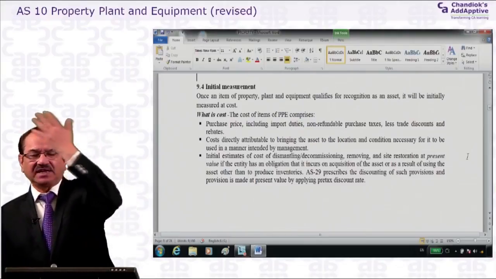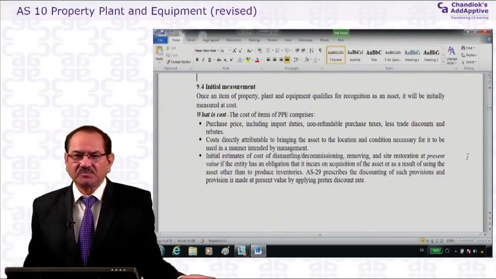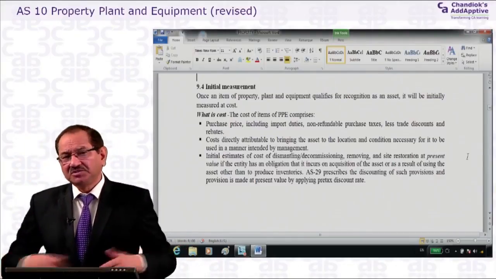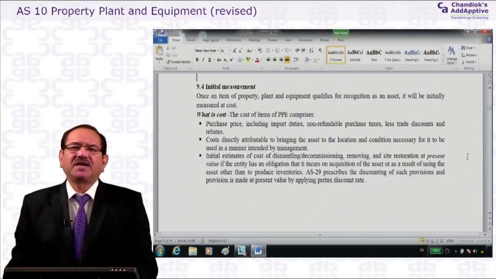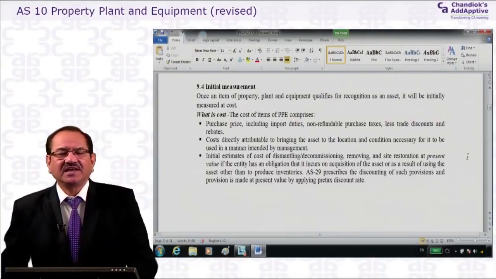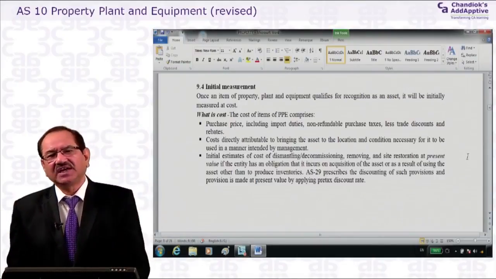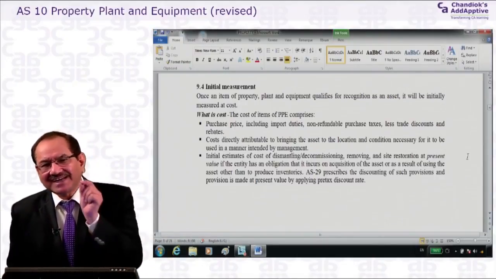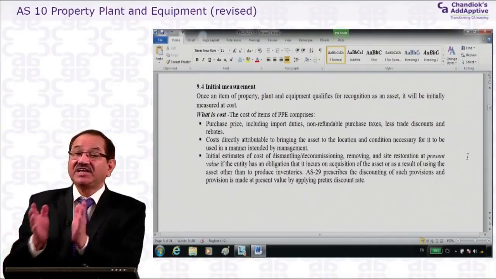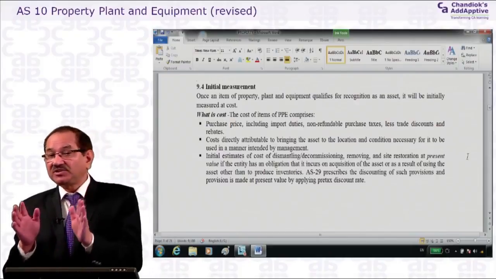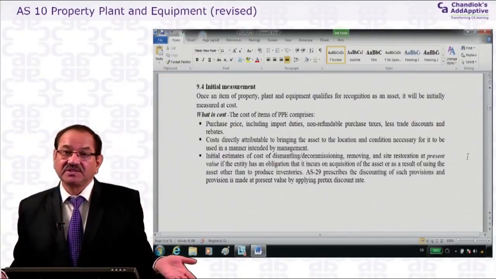Suppose there was a land, and when you constructed your plant and building, the shape of that land was changed. You installed certain plant and machinery there. Again, you did so much construction with that. But the conditions of the lease are that after 30 years, please return our land in the same position as you took it from us.